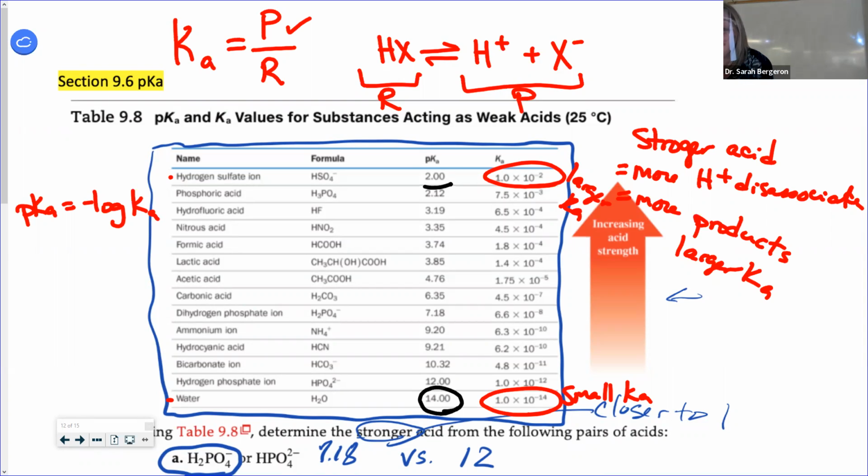If I look at hydrogen sulfate ion, I have a pKa value of 2. So in this case, the stronger the acid, the closer pKa is to 1. So the closer your pKa value is to 1, the stronger that weak acid is.